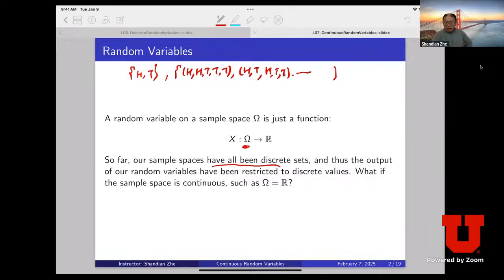But in the real world, because the random experiments and random phenomena are everywhere in this world, is there a case such that the sample space is continuous? Is it possible? If it's possible, can you name it? Can you give me some example?